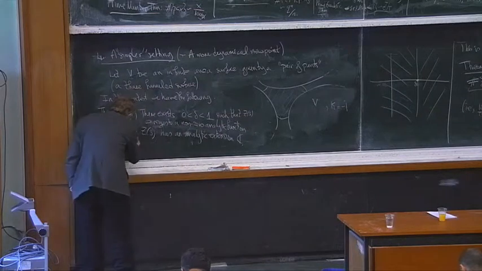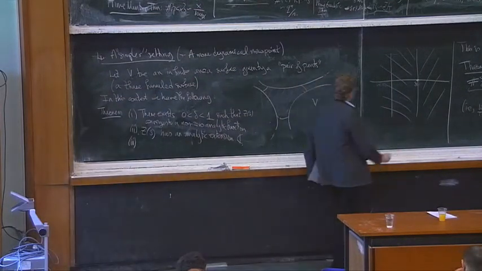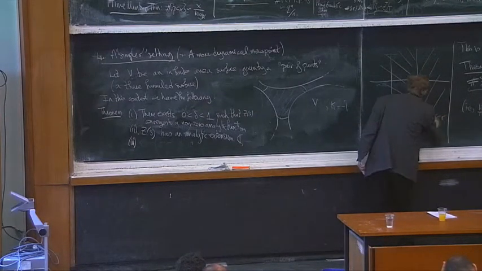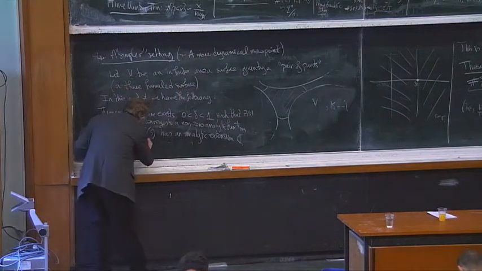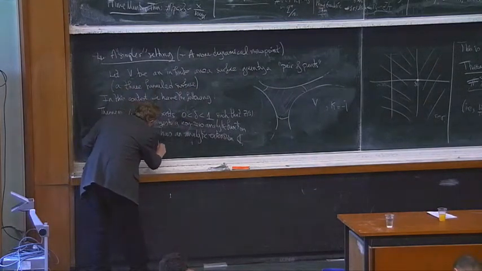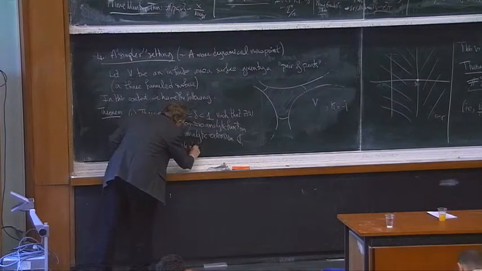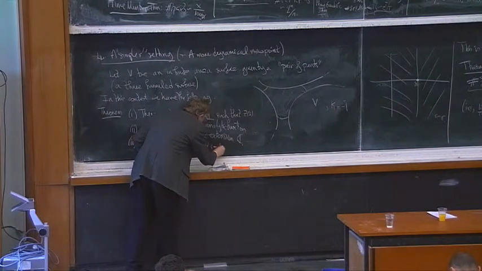And the third property is that when s is equal to delta, so this is the s plane, well, when s is equal to delta, it's a simple 0. So zeta of s has a simple 0 at s is equal to delta.